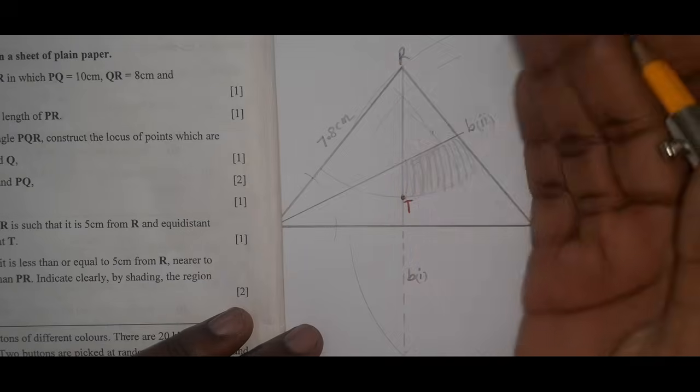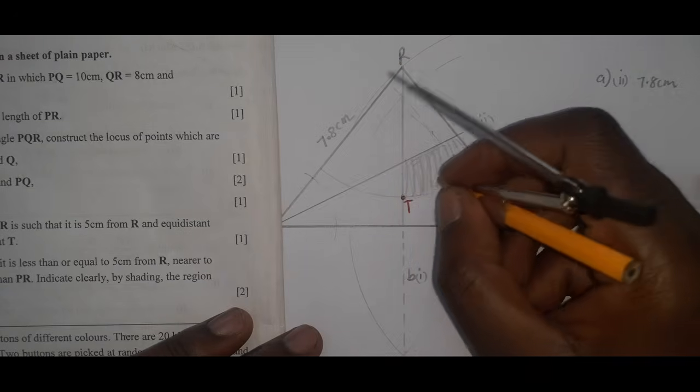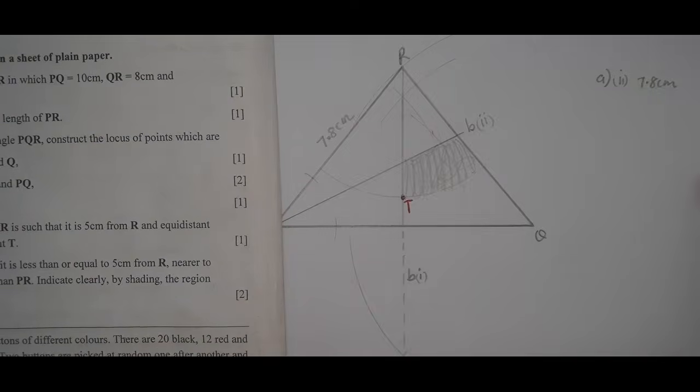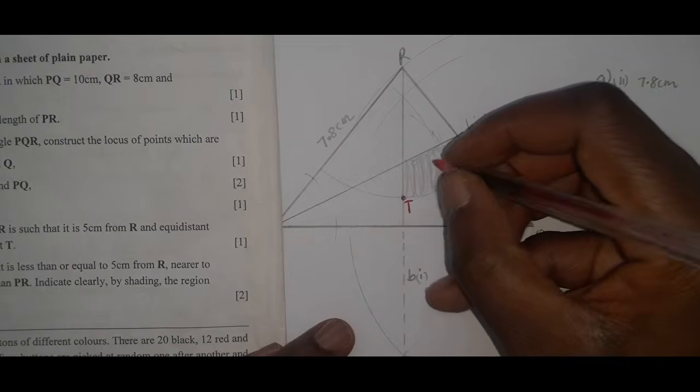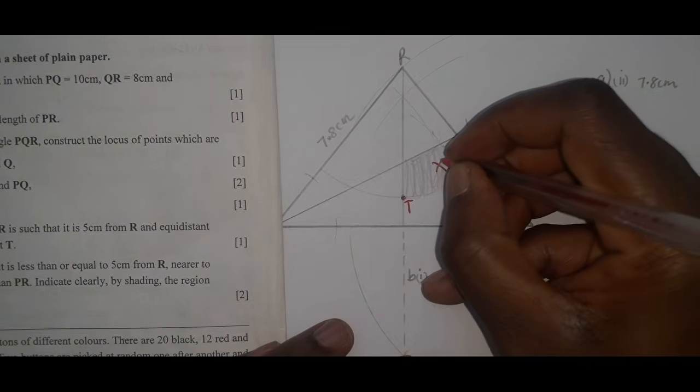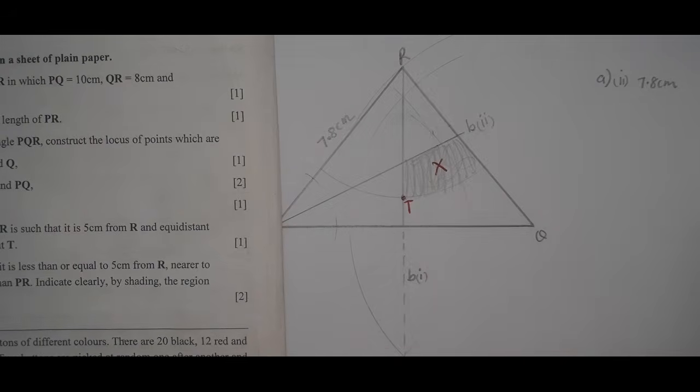It is nearer this side, it's less than 5 centimeters. Okay, so this is the region that we are talking about. This is the region where our X must lie. Okay, so we can go on to the next question.